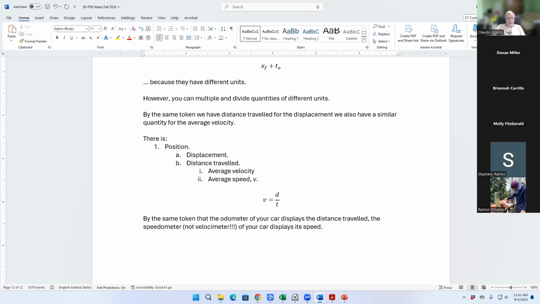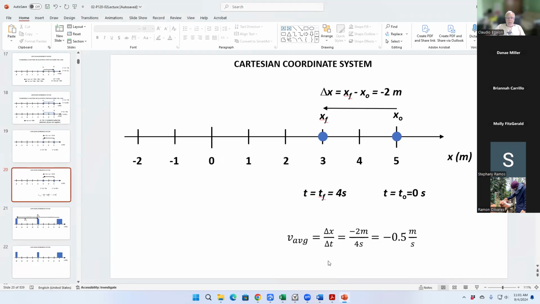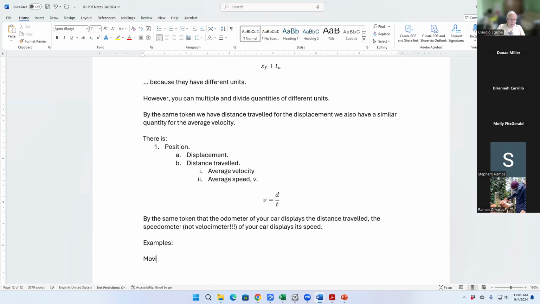So let's go to some examples, right? In this case here, moving from x naught to xf, velocity is, see PowerPoint, velocity is minus half meter per second, right?